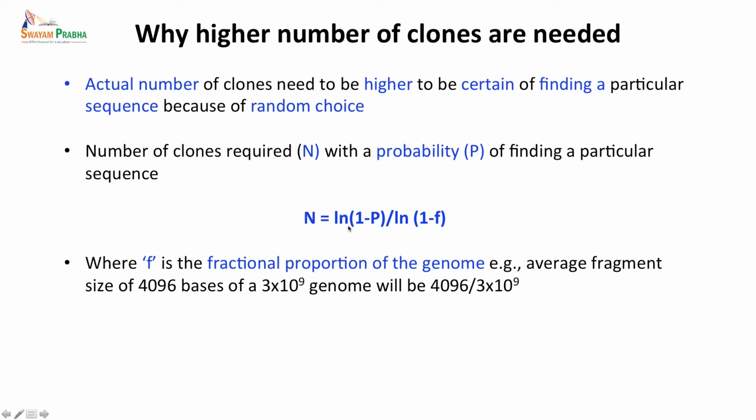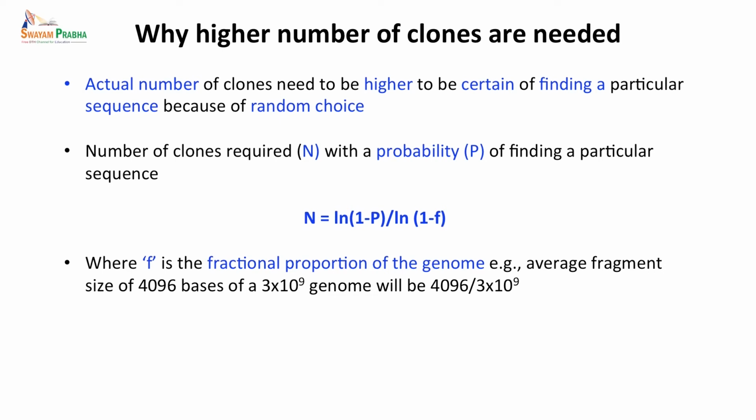So n equals natural log of 1 minus P divided by natural log of 1 minus F. What is this F? F is the fractional proportion of the genome, as I calculated before, which is the size of the fragment divided by the genome size, and this number you substitute in the formula.